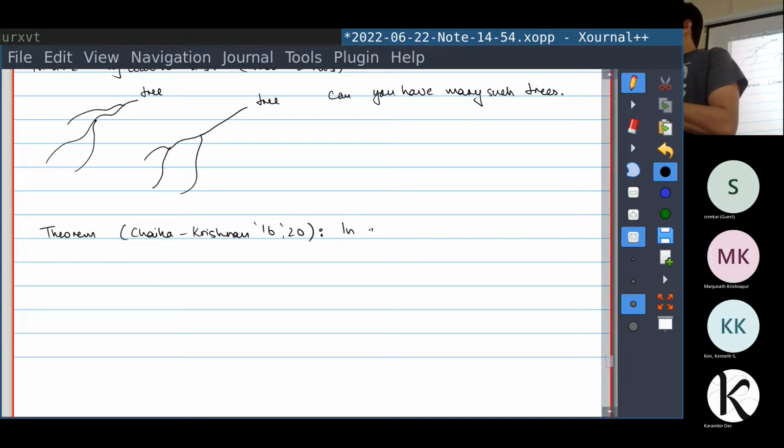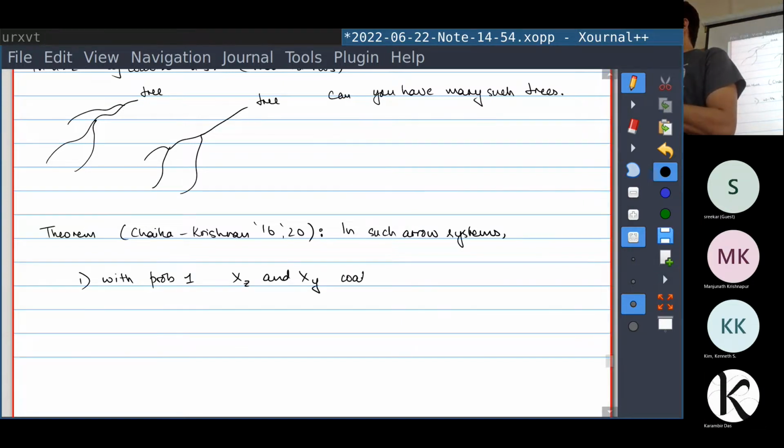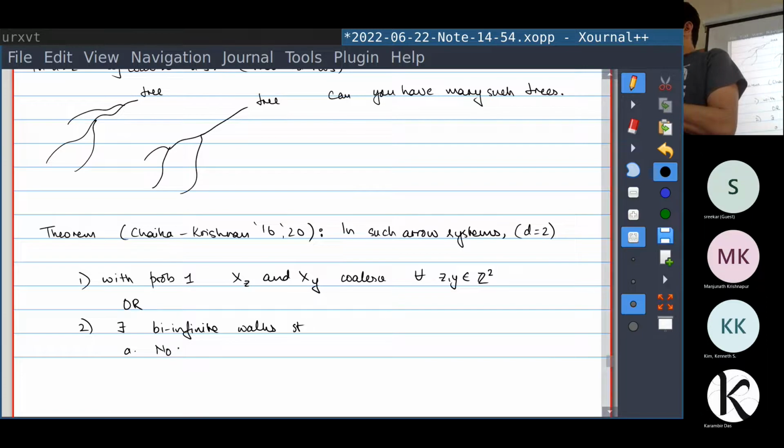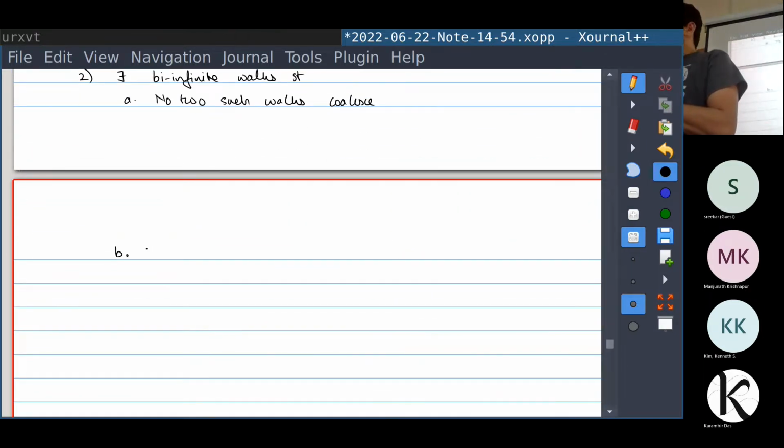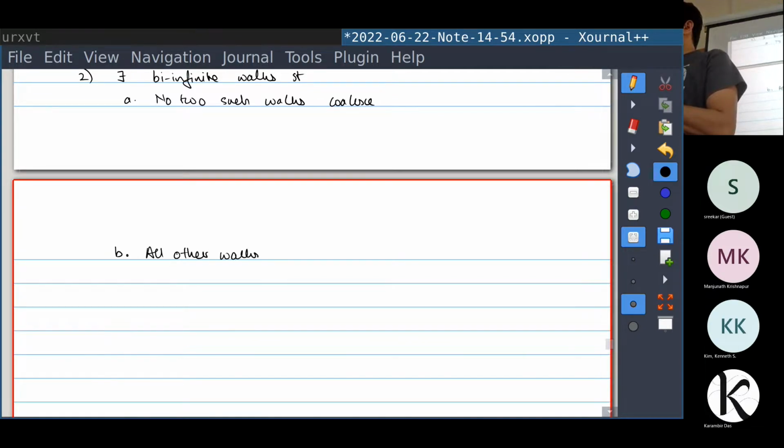It says, in such arrow systems, either, with probability 1, X_x and X_y coalesce for every x, y in Z^2, or there exist bi-infinite walks such that no two such walks coalesce, and all other walks must coalesce with the bi-infinites.